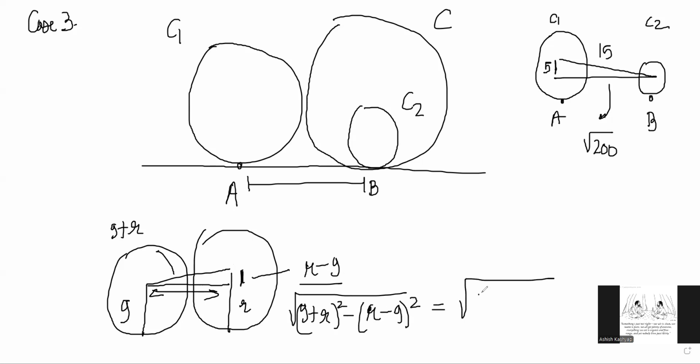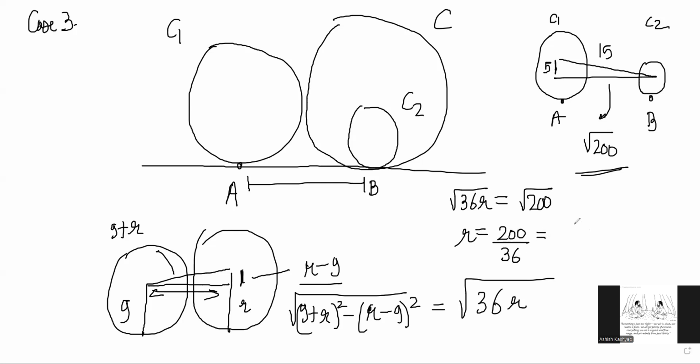So that comes out to be root 36R. And I have to equate this to this because both are measuring the same length AB. So I'll say root 36R is equal to root 200. So R is coming out to be 200 by 36. Divided by 4, you will get 50 by 9. So this is the radius of the circle in the third case, case 3.